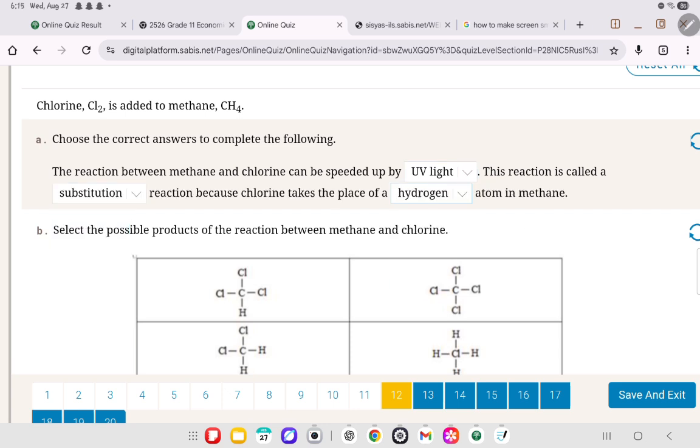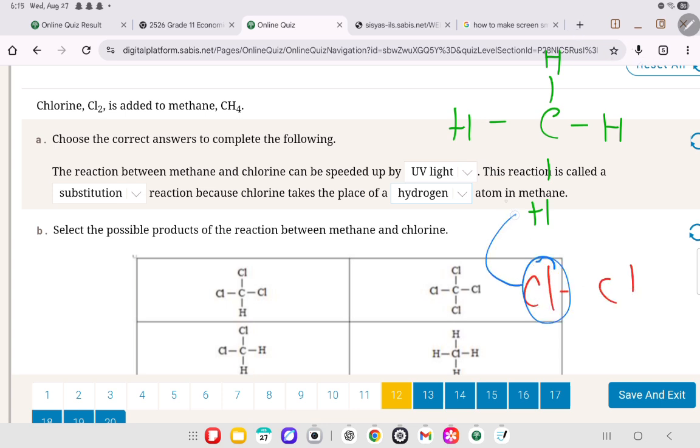Now, CH4, what's the structure of CH4? We have C in the middle, and we have 1, 2, 3, 4 H's, right? And then chlorine, it's Cl, Cl. What's going to happen now is chlorine is going to take the place of one hydrogen. So the carbon stays in the middle, and then you have another hydrogen here, here, and you have a chlorine here.